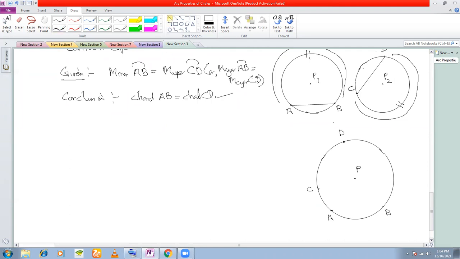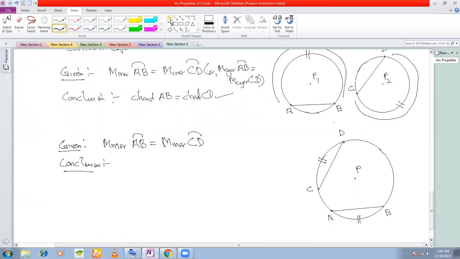Okay, and I join AB and CD to form their chords. So if I give you here that this arc is equal to this arc, given minor arc AB is equal to minor arc CD, then what should be your conclusion?